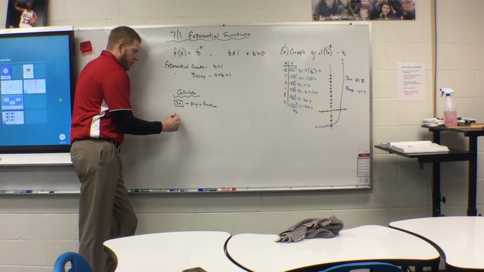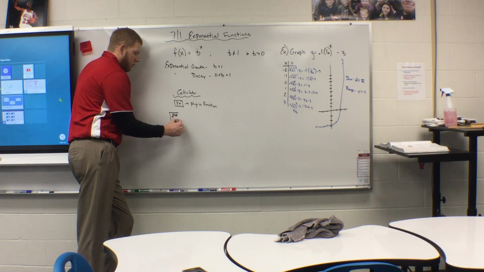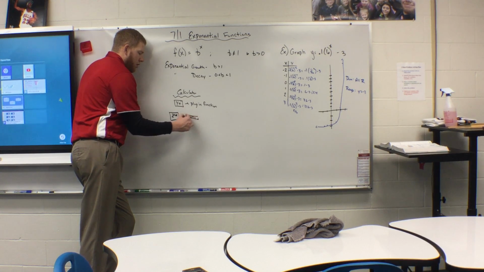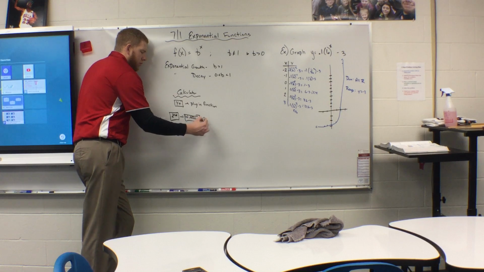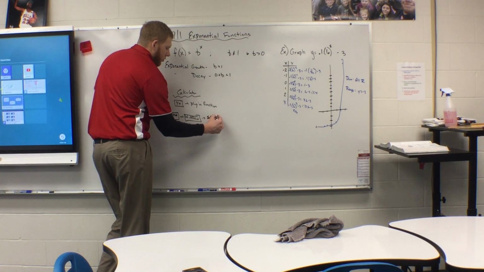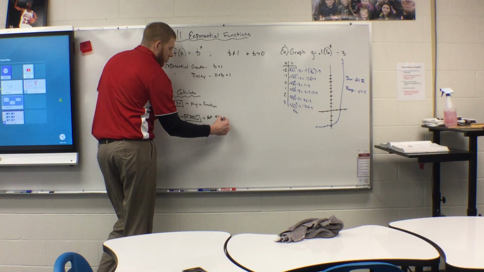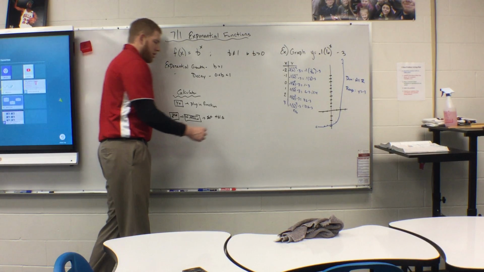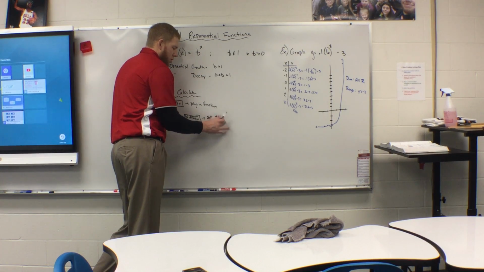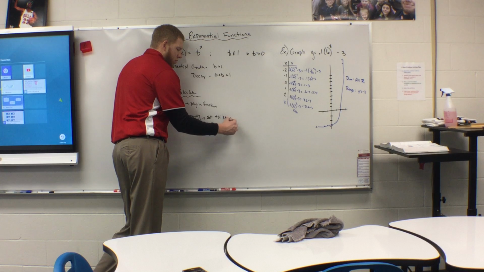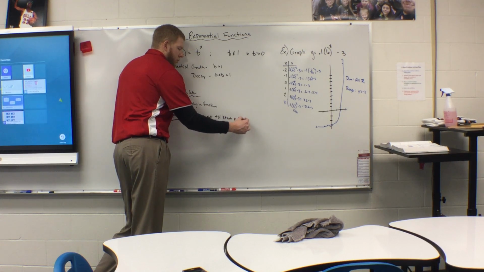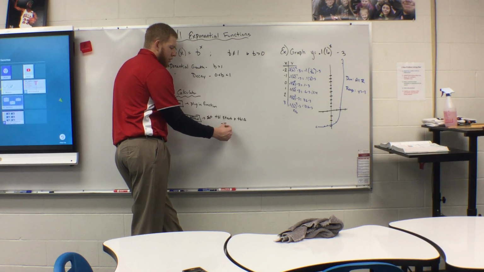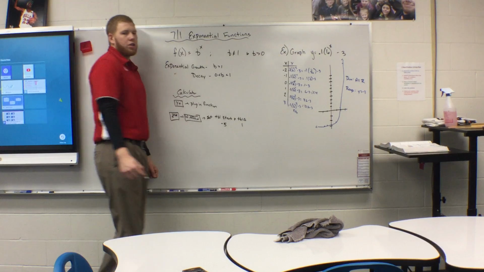And then we can go second, window. Then you can set your table change, like it has table start and table change. So for table start, you could do -5 if you want, and then just go by ones.